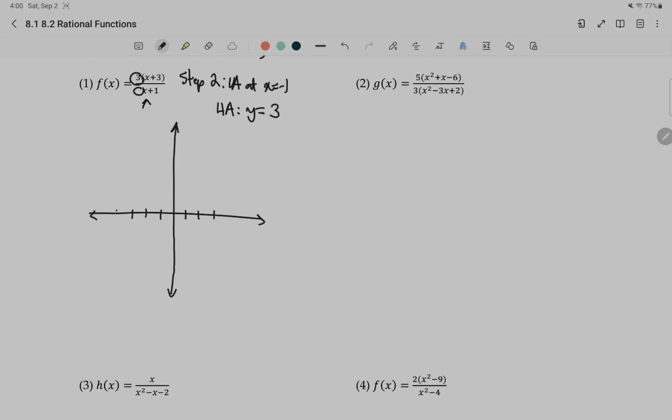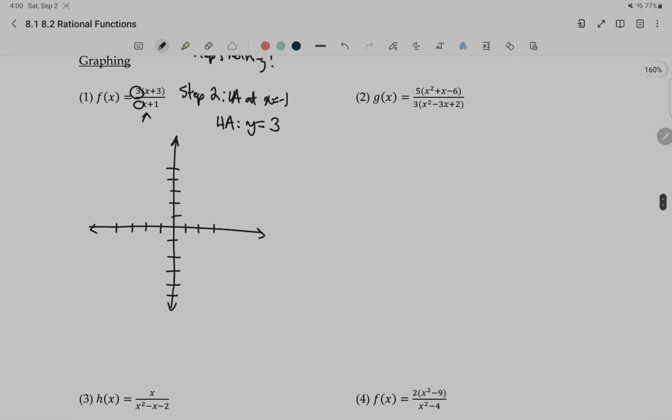It is always more helpful, and usually it's in ones, but if the scale is too big, you can always adjust the scale, but make sure it's consistent. First step, where is our horizontal asymptote? We have it right here at y equals 3. And where is our vertical asymptote? We have one at x equals negative 1, so that's right here. This is the line x equals negative 1.